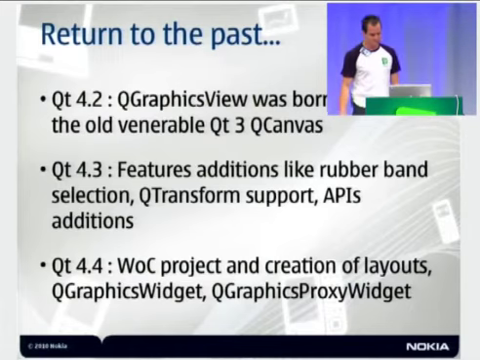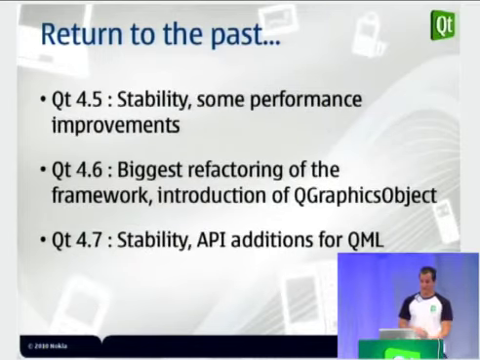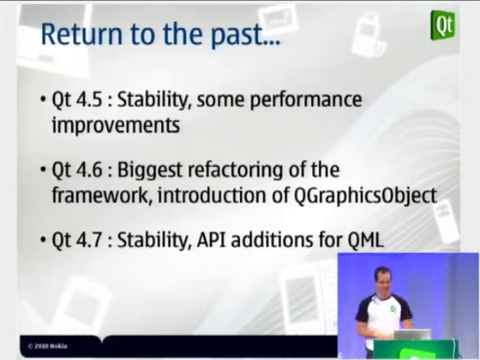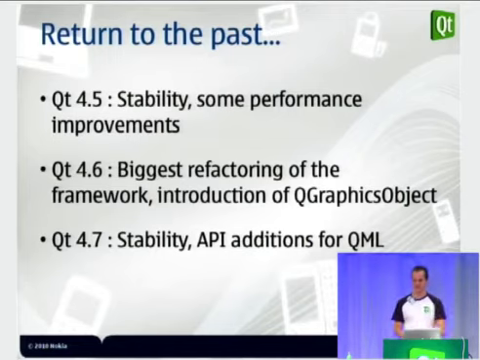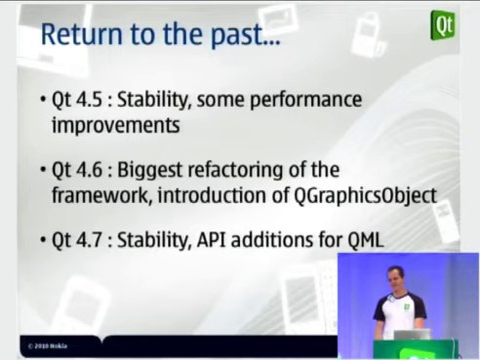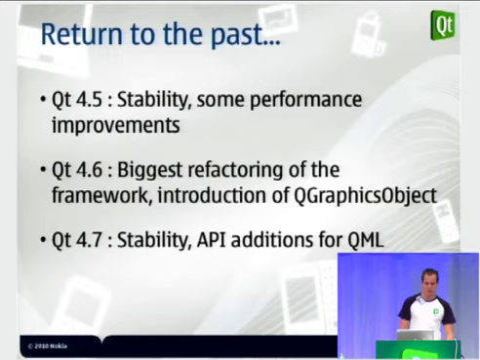Qt 4.5, a lot of feedback. QGraphicsWidget, buggy. Layouts, not very nice. I know because I was using them in Plasma, so I was fixing them while I was using them in Plasma. Basically, it was incorporating the feedback from the people, the customers, the community, and fixing everything.